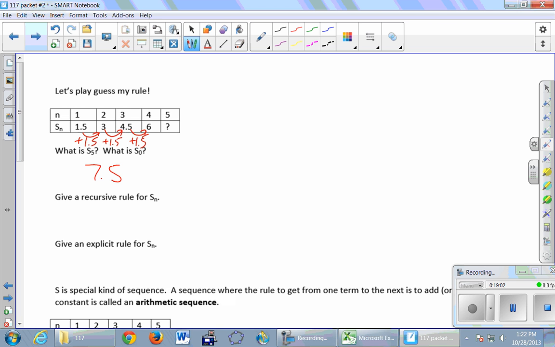Can I ask, instead of just writing 7.5, that you actually write S sub 5 equals, just to practice with this new notation? And then the next one should say S sub 0 equals, what does it equal? It is 0, just working our way backwards. All right, subtracting 1.5, so we'll go to the left.